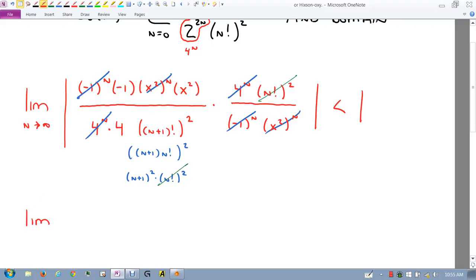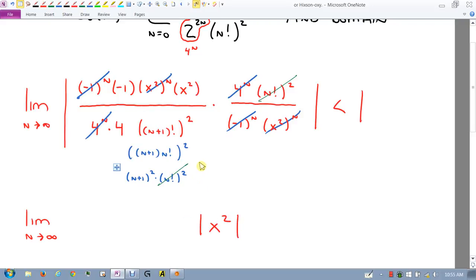All right, so what is left on top? What's still up here? Negative 1 x squared. Now, it's in an absolute value, isn't it? So the absolute value of negative 1 is just going to become a 1, so I don't care about that. So I have an x squared. I'm going to throw that over here, absolute value around it.